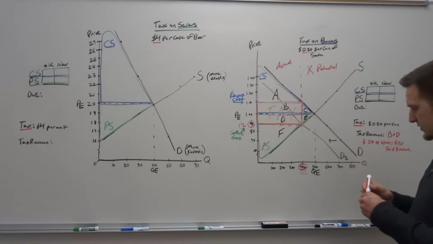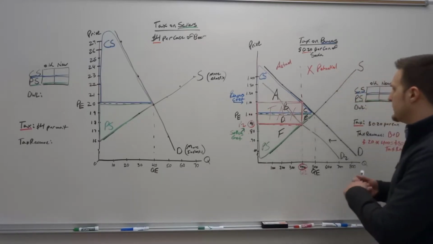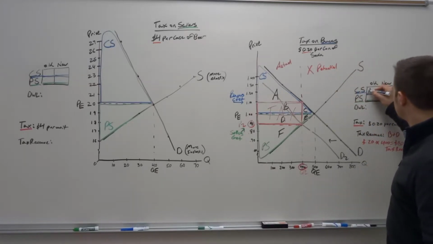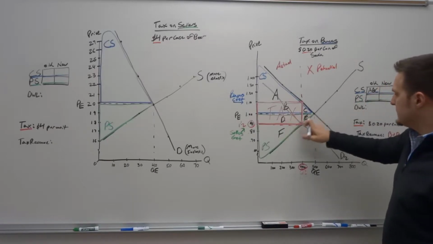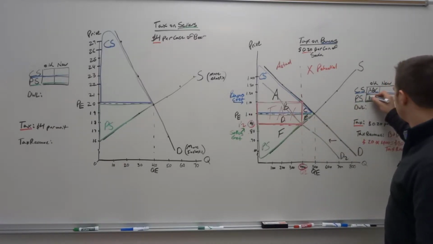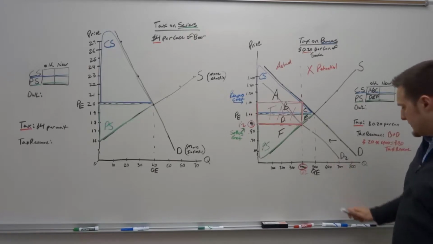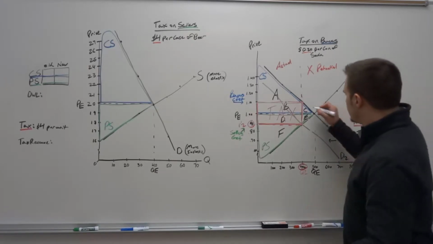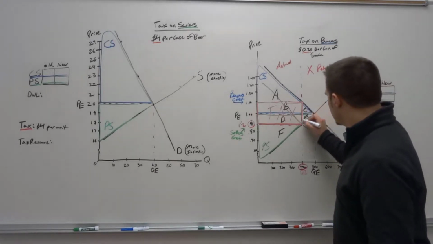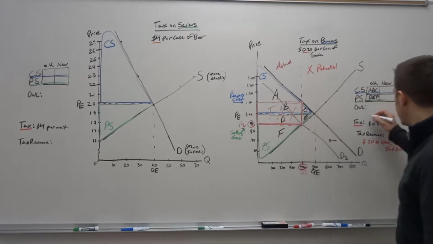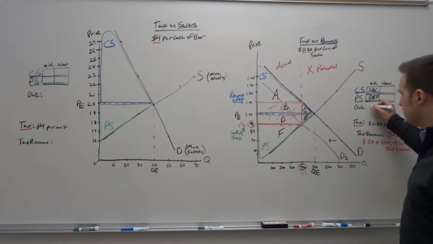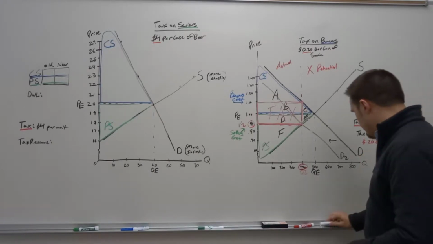Now originally our consumer surplus was area A, B, and C, and our producer surplus was area D, E, and F. But because B and D go to the government, and then once again C and E become deadweight loss, that's our deadweight loss here, C plus E. What's left of the consumer surplus?